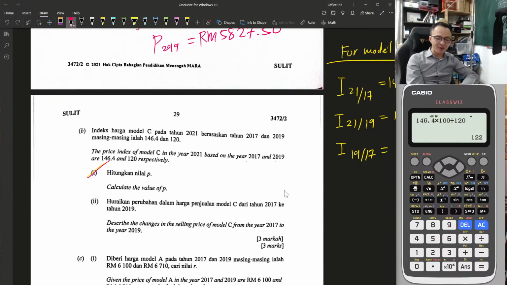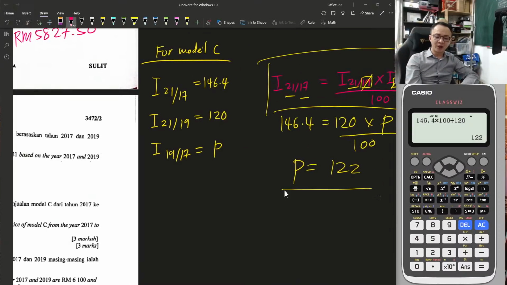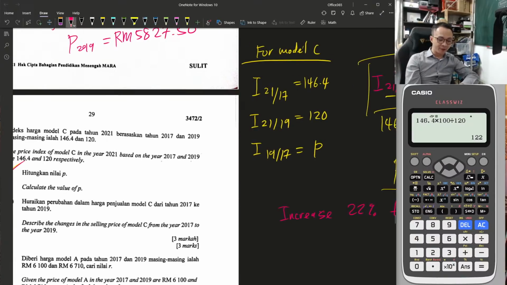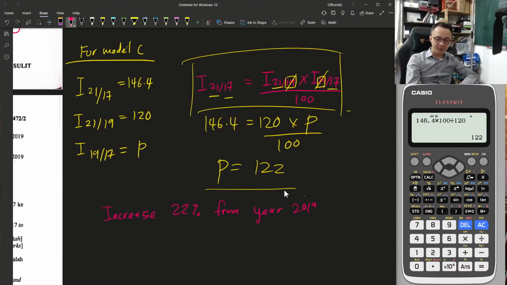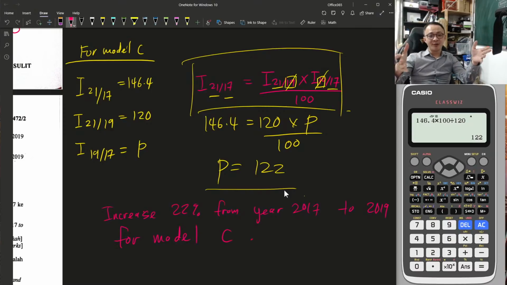Now, describe the change in the selling price of model C. I would say 122 means an increase of 22% from 2017 to 2019 for model C. 100% means it stays the same, so 122% means an increase of 22%.